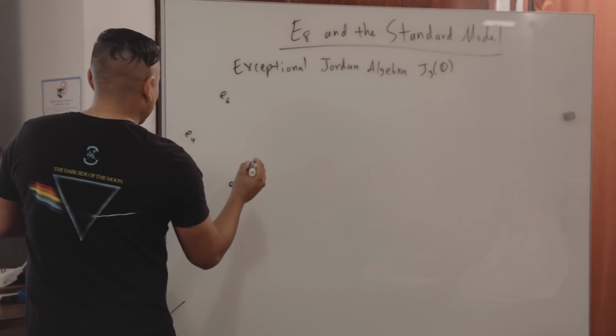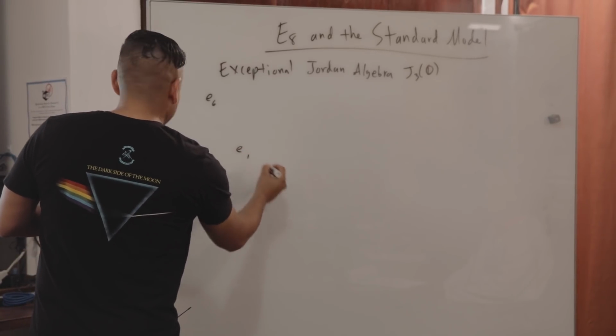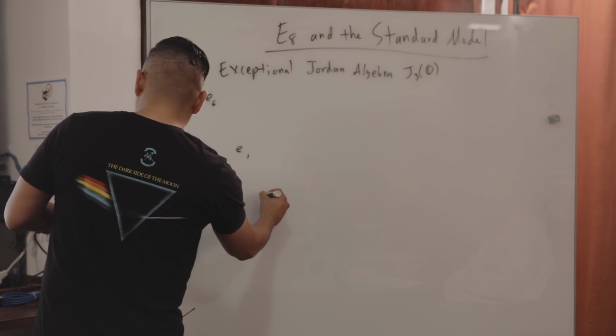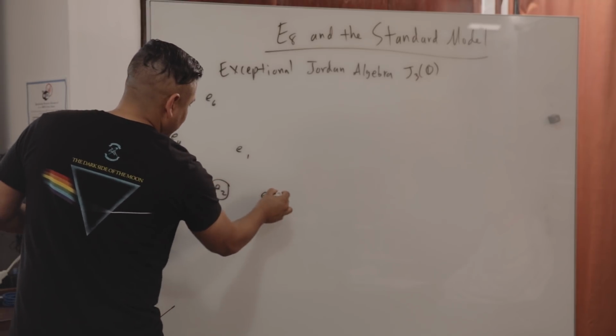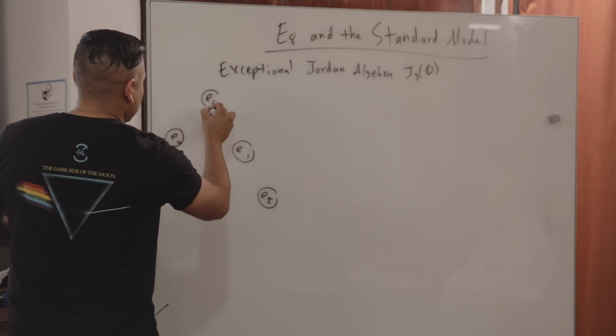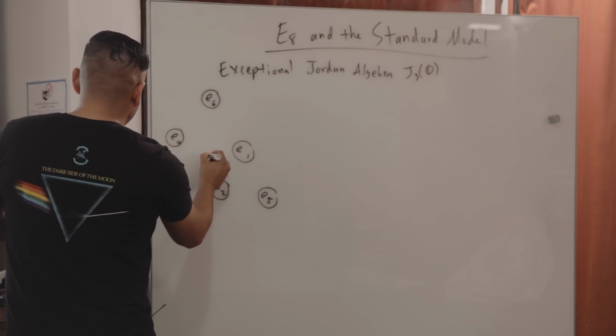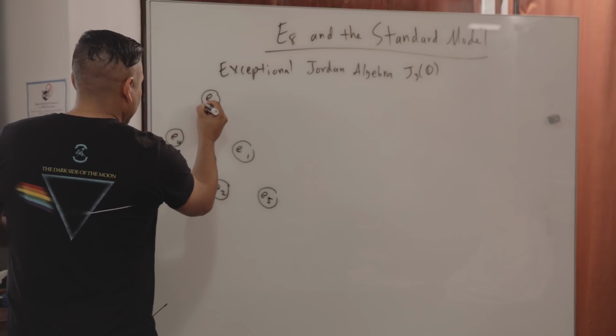I'm just following John Baez's notation, by the way. You can label this differently, but for the purposes of the talk, I'll just roll with this. And we have the E7 right in the middle. Okay.